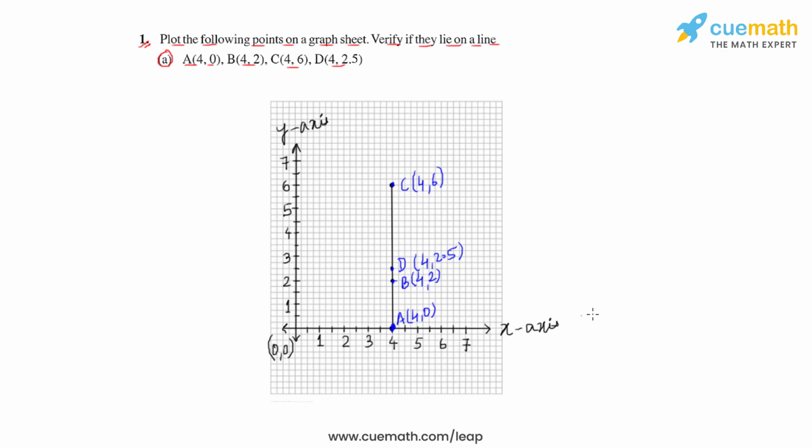Now if we carefully observe all these 4 points, we see that the value of x is the same in all these points. Hence we can say that all these 4 points lie on this line which is parallel to the y-axis.